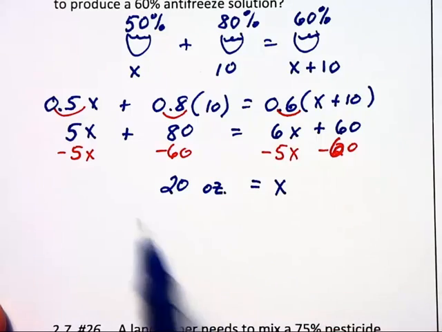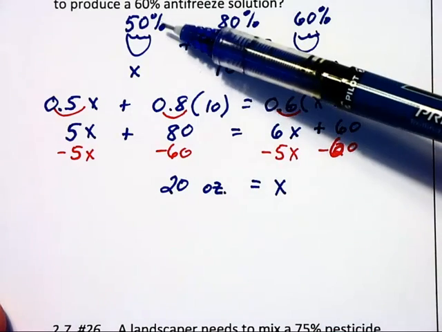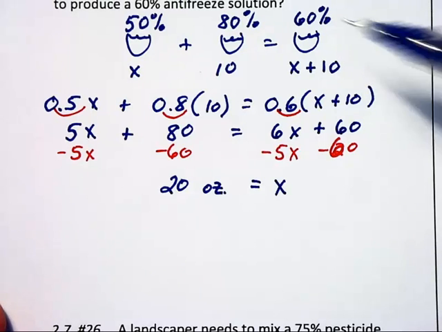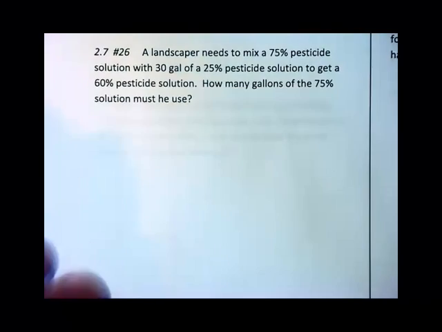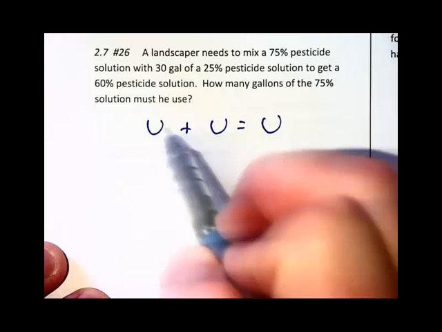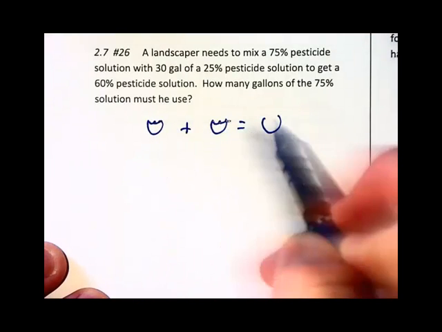And so we're adding 20 ounces of the 50% mixture to be able to get this to a 60% mixture in the end. We're mixing pesticides this time, so here we go. Mixing bowl, mixing bowl, mixing bowl, test tube, whatever you want to call it.